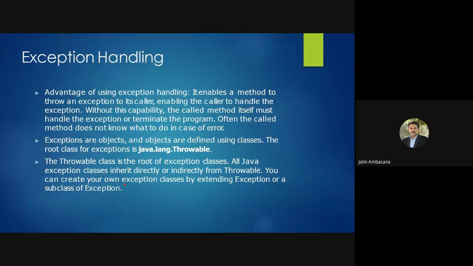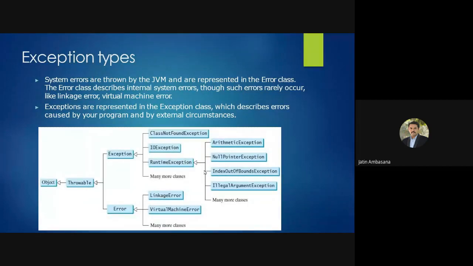You can create your own exception class also by making a subclass of Exception, or by using Throwable. See, the Object class is inherited by Throwable, which is inherited by Exception and Error.